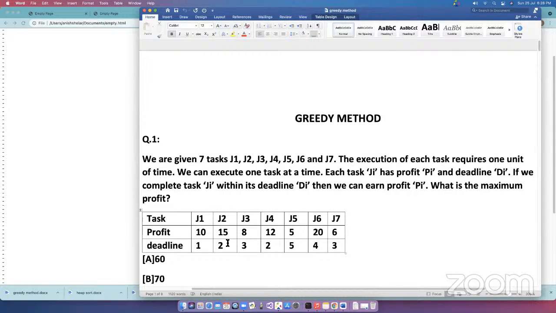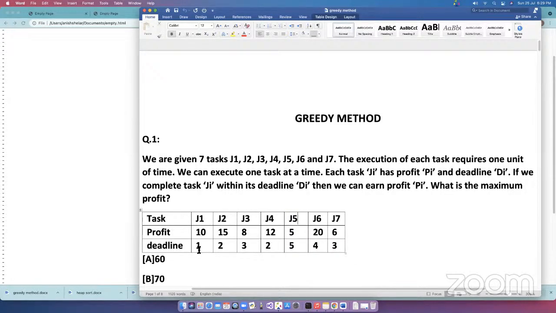Okay. So what data have been given is we have been given 7 jobs, J1 to J7, and profit of all these jobs is given. So if you do this job J1, you will get this profit 10, or if you do job J7, you will get 6 as the profit. Or if you do this job J5, you will get 5 rupees or $5, whatever you say.